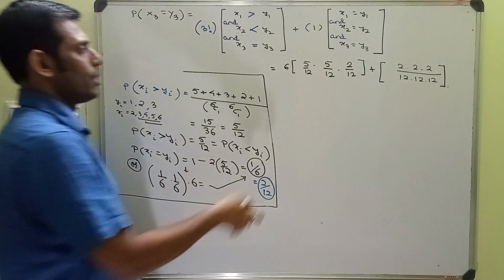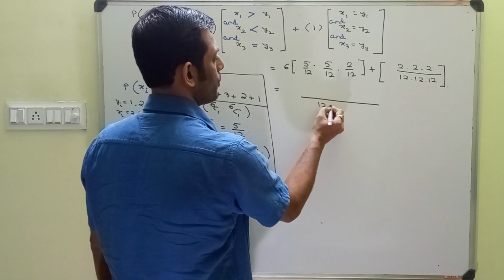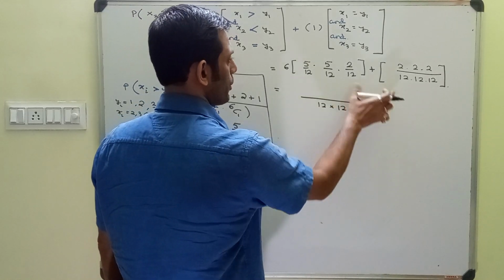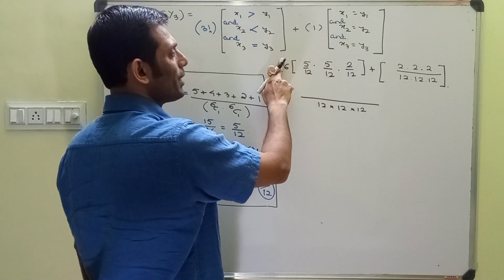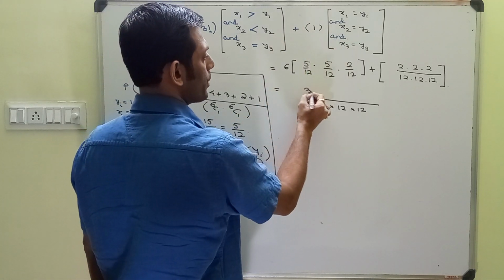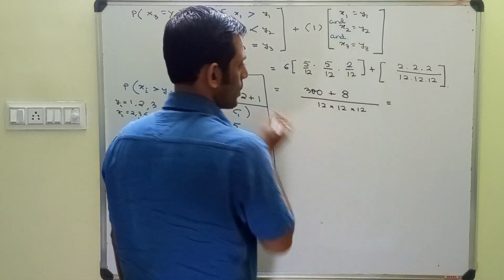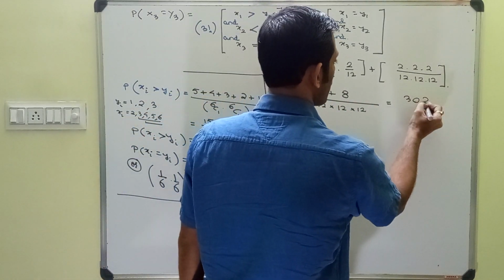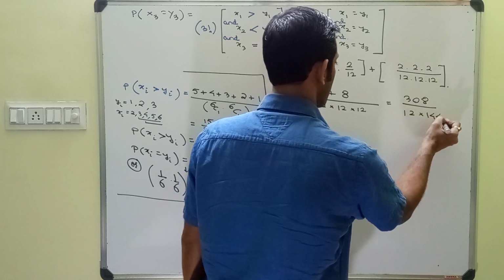This is the total counting. So here what we have as a total score is 12 into 12 into 12 in the denominators, and then 25 into 6 is 150, into 2 is 300, plus 8. That means this is 308 by 12 into 144.